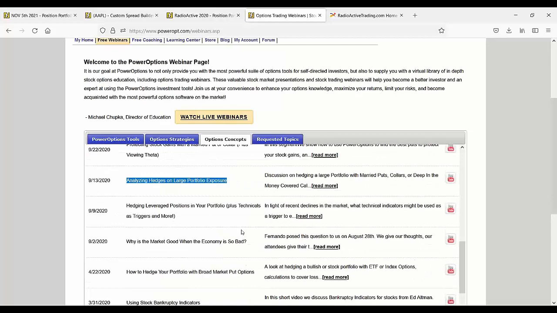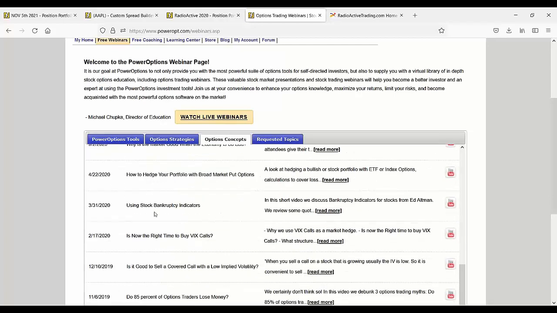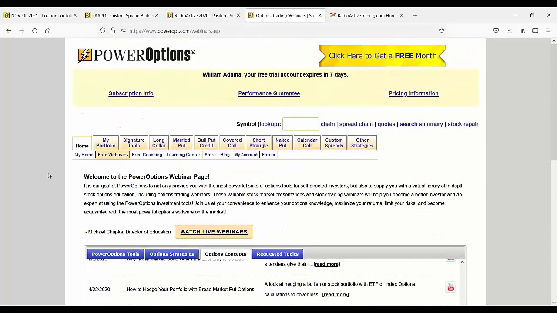I wanted to look for the specific one, hedging leveraged positions in your portfolio: how to hedge your portfolio with broad market put options. Consider, again, buying puts on SPY, QQQ, maybe even SPX or NDX. I find the ETFs easier to use, just for me, in my mind personally, than the higher priced SPX and NDX positions, just buying SPY, QQQ.